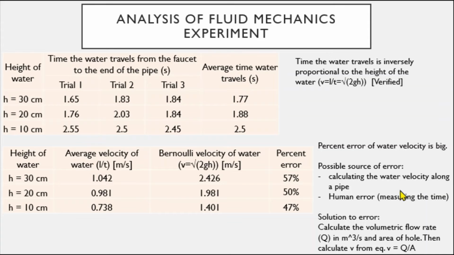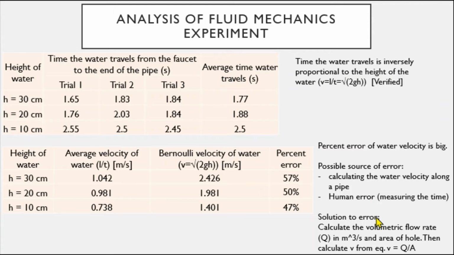For example, if the diameter of the pipe is too big, of course, there might be a deceleration in the water velocity. And then the second is the human error. Maybe in the experiment, the time measurement from the stopwatch is not so accurate.